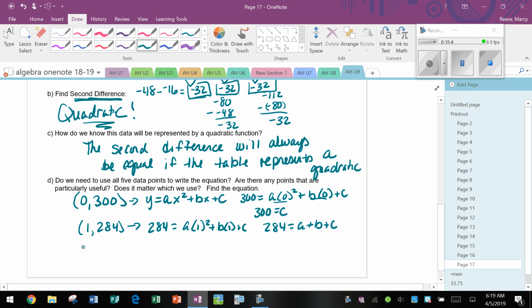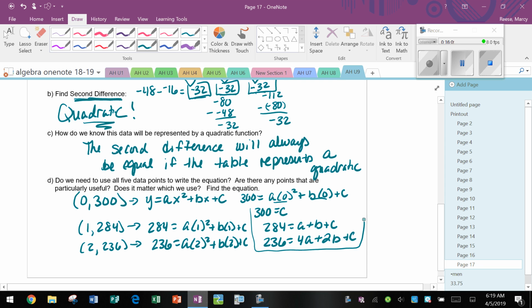And then I would just pick the next smallest, and when I say smallest, I mean for the x values. Put this in here. And I would say 236 equals 4a plus 2b plus c.